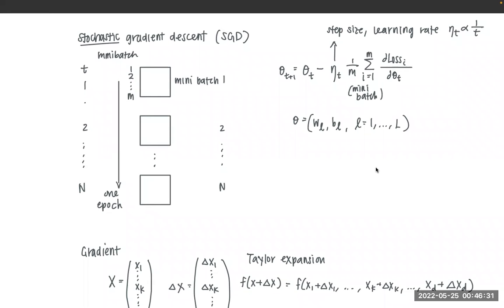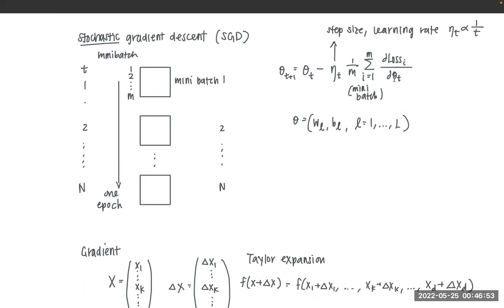And the point here is that these parameters are shared by all the training examples. For each training example, we have this H, the hidden variables h^l, but they all share the same W^l and b^l.